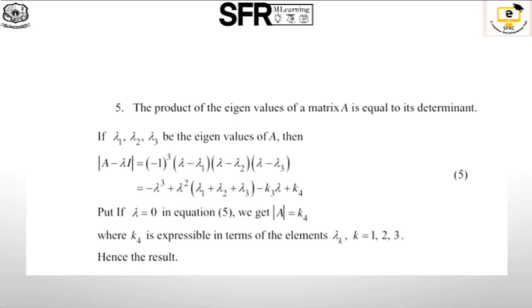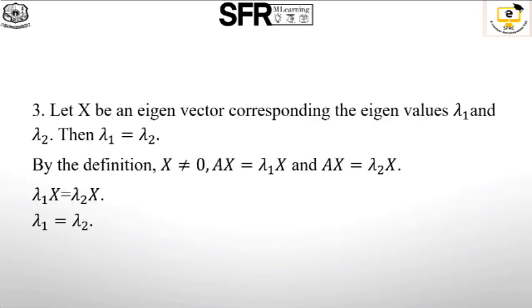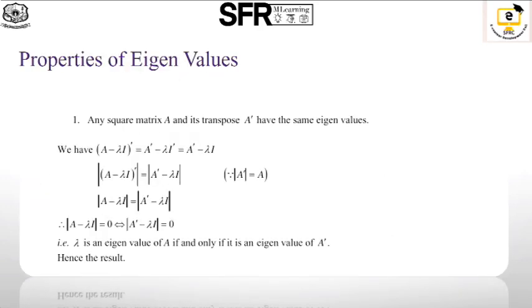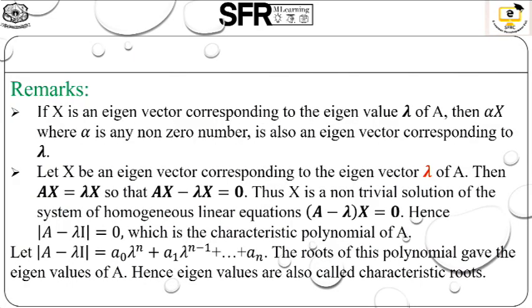So we take the same square matrix A, so we have 3 eigenvalues. Let them be lambda 1, lambda 2, lambda 3. Then modulus of A minus lambda I equals minus 1 the whole cube into (lambda minus lambda 1), (lambda minus lambda 2), (lambda minus lambda 3). We take from the previous equation, previous remark 2, that is a0 lambda power n plus a1 lambda power n minus 1 plus and so on up to an.